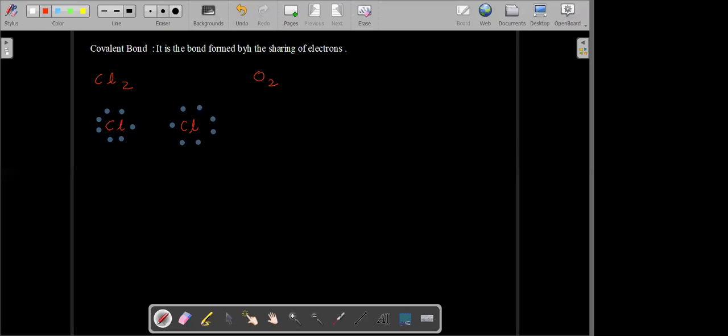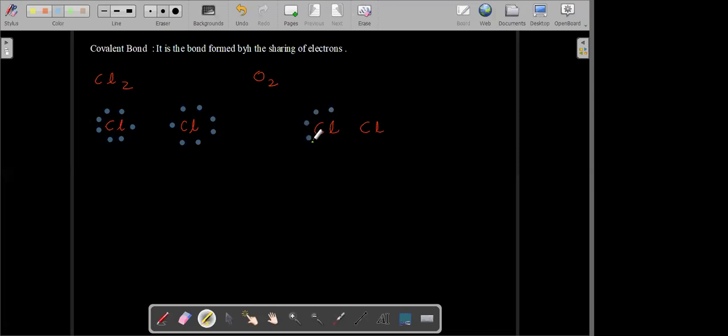So both of them can gain electrons by sharing. This chlorine will be sharing its electron with the other one, and the other chlorine will be sharing its electron with this one. This gives rise to the formation of a Cl2 molecule. You can see the two chlorine atoms sharing one electron from each.